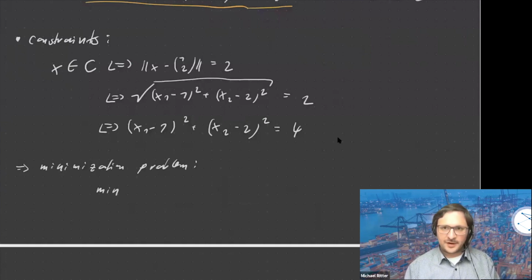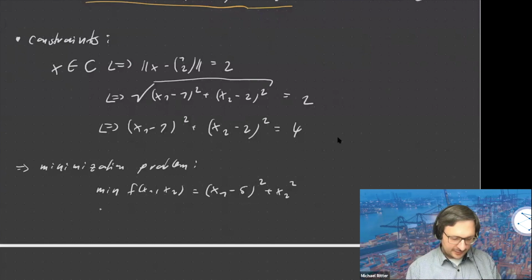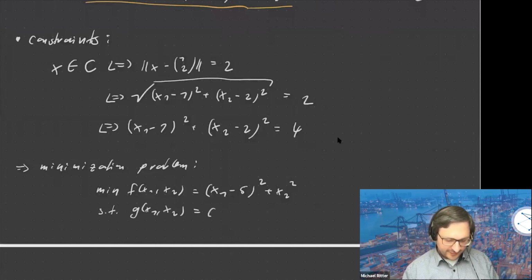So we have to minimize a function f of x1, x2 that is defined as x1 minus 5 squared plus x2 squared, subject to the constraint that a function g of x1, x2, which is defined as x1 minus 1 squared plus x2 minus 2 squared minus 4, is equal to 0.